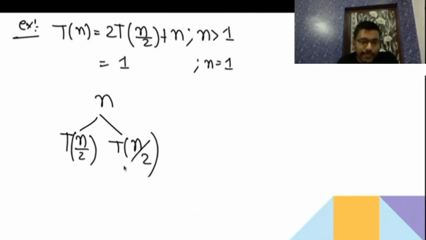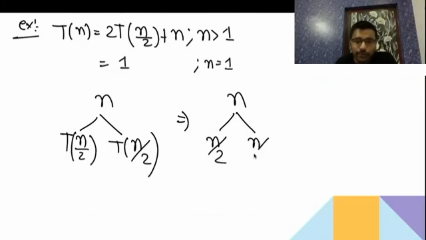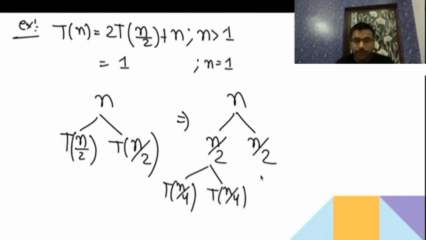Then again here you will do n by 2 amount of work, n by 2 amount of work, then it will be T(n by 4), T(n by 4), like this, T(n by 4), T(n by 4).